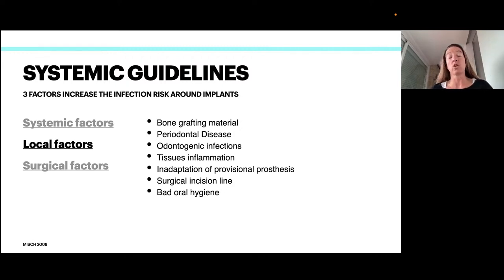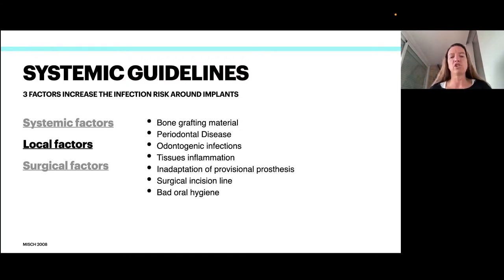So it's important that you have the periodontal disease completely controlled. Any odontogenic infections should be treated before any implant surgery. If you have, for example, periapical infections in the neighboring teeth, please do endodontic treatment on these teeth before you do the implant surgery.